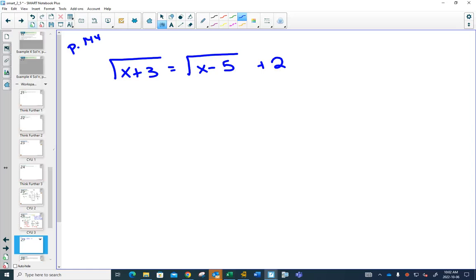And sometimes you won't be able to isolate them both at the same time, like the last question. Like if I move the 2 over to isolate this side, then the other side isn't isolated. So what we do is we isolate one of them, which is already done. Then to get rid of that one, we would have to square both sides. Now, I have been putting brackets around things when I've been squaring both sides.